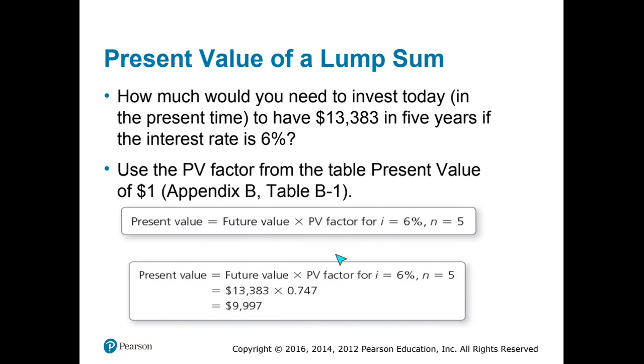The period is 5, and then 6% is the percentage rate. So you're going to look for the period 5 and then 6%. That's the factor that you'll use right there. Yeah, perfect.